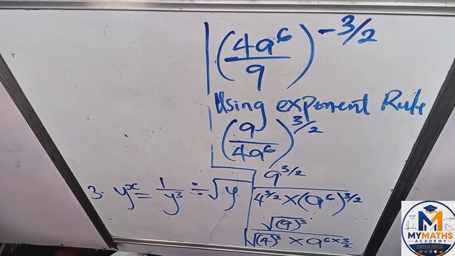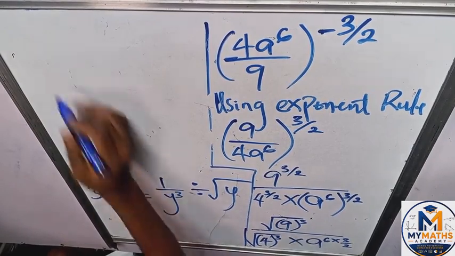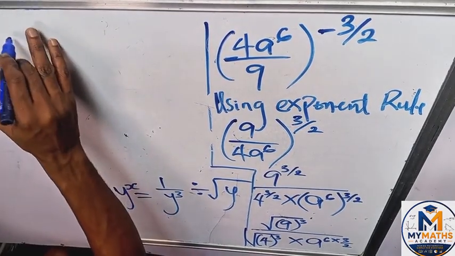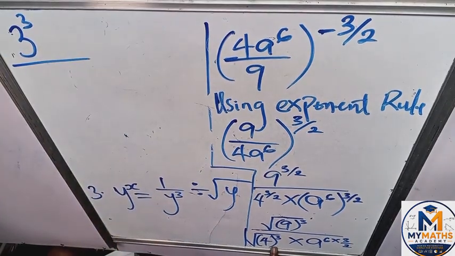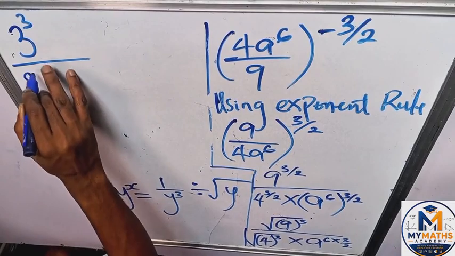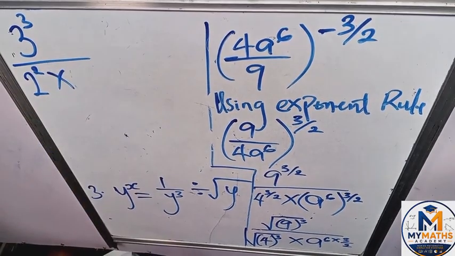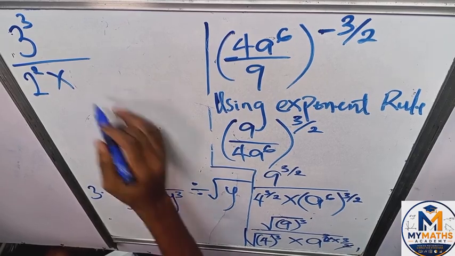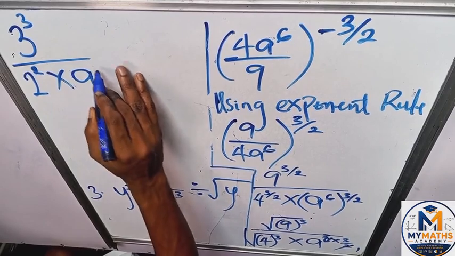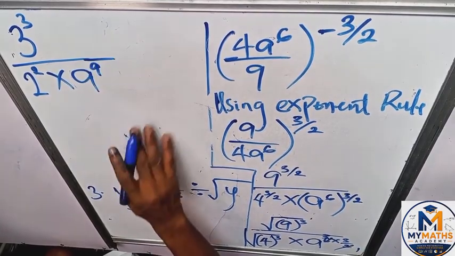So now, therefore, the square root of 9 is 3 raised to power 3 over the square root of 4 is 2 raised to power 3. Here, 6 divided by 2 will give us 3. 3 times 3 will give us 9. So a is raised to power 9. Are we clear?